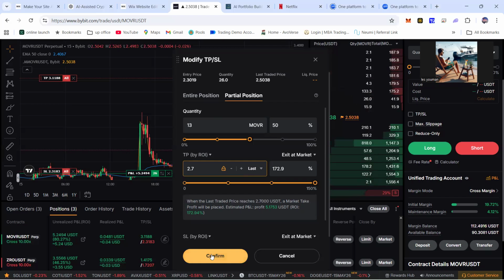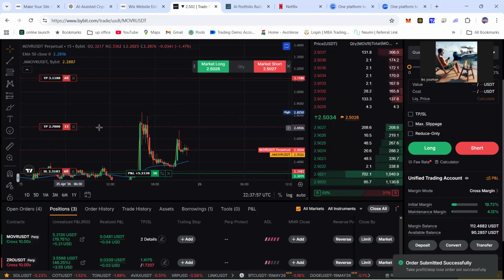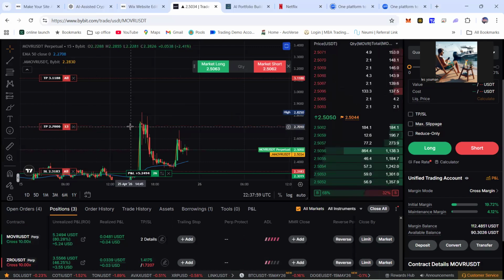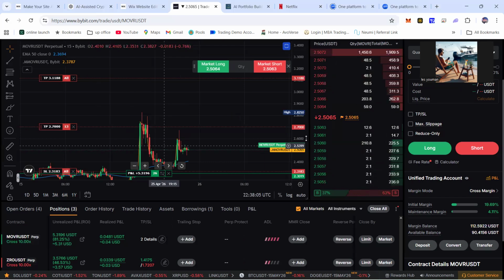And I just need to click confirm. And now we have our partial trade close just here. And we still have our full trade close here.